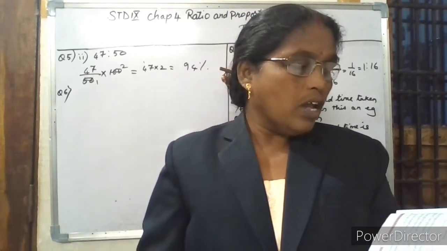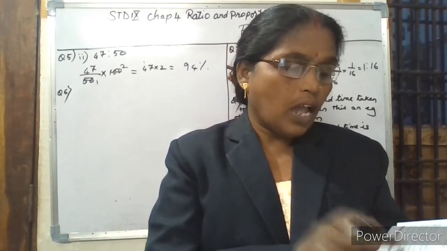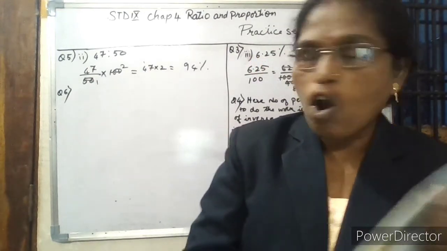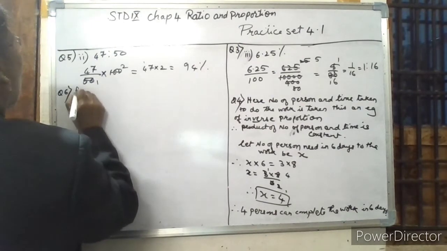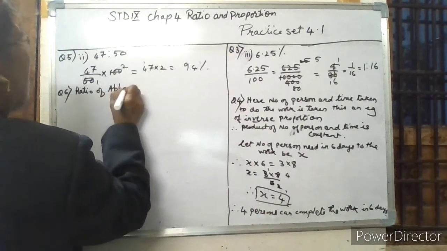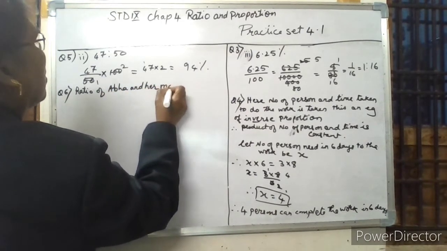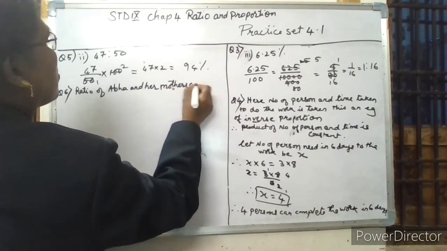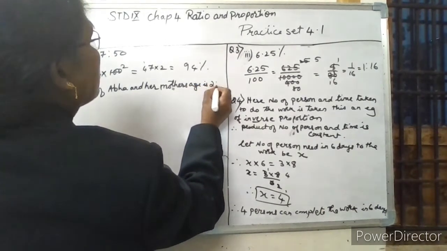The ratio of Abha's age and her mother's age is given as 2:5.